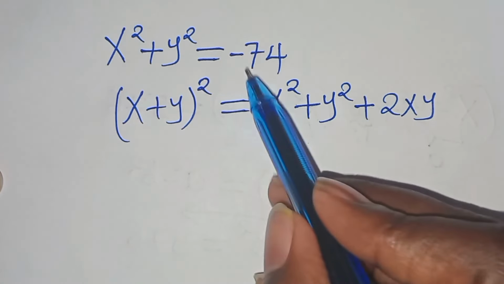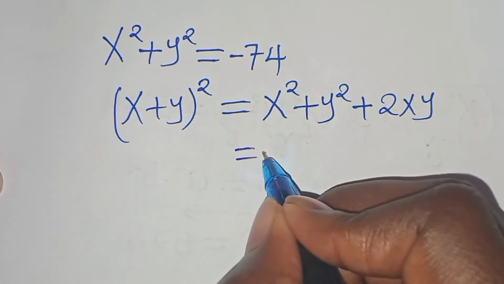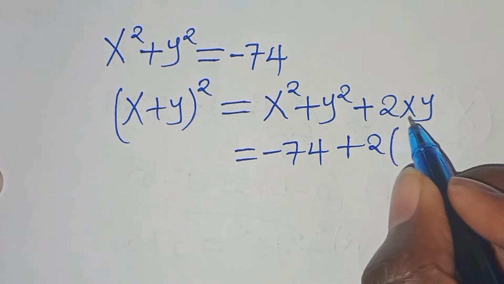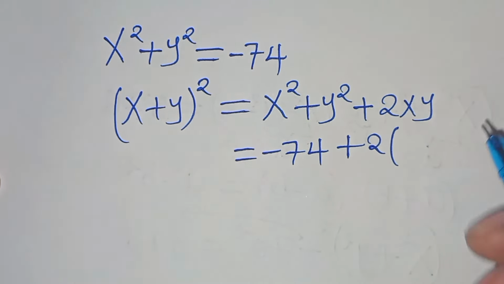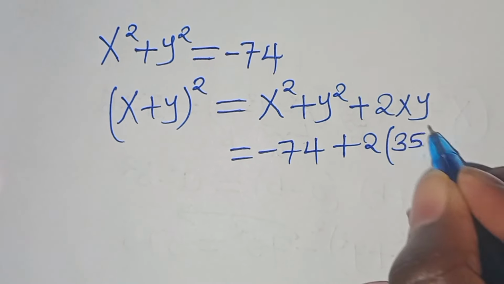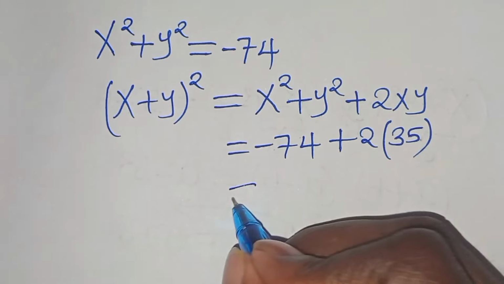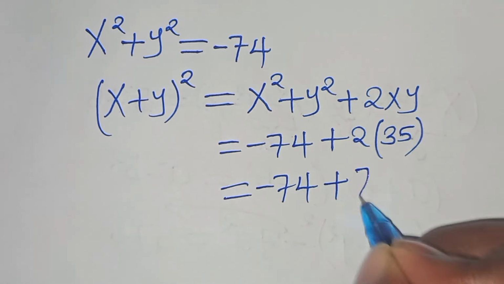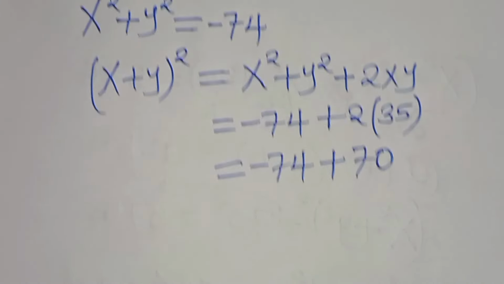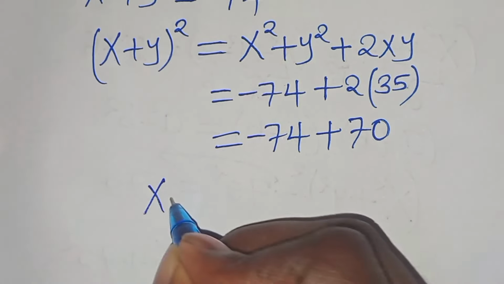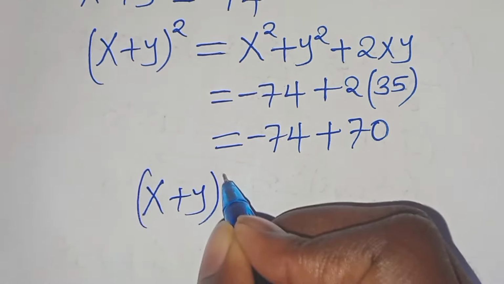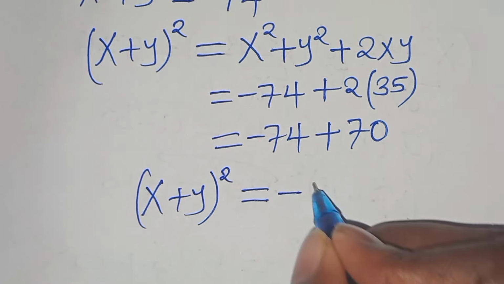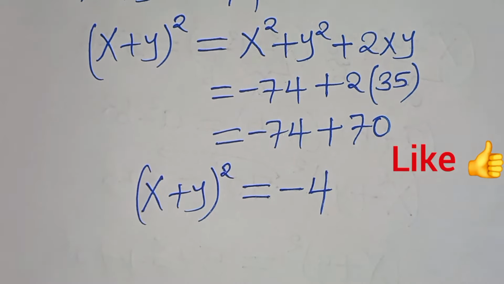X squared plus y squared is minus 74, then plus 2 multiplied by xy, which is what we have in equation 2, which is 35. So here we have minus 74 plus 35 times 2, which is 70. Therefore, (x plus y) squared is equal to minus 74 plus 70, and this is equal to minus 4.